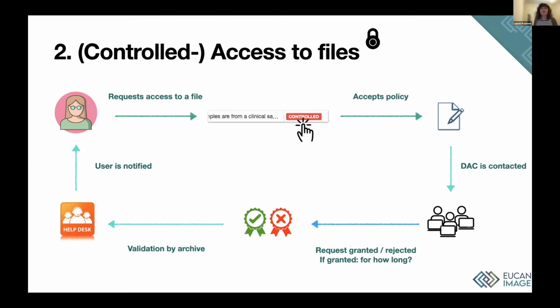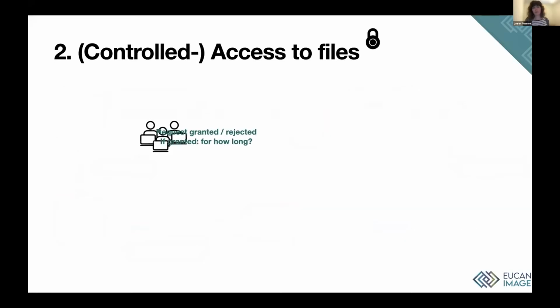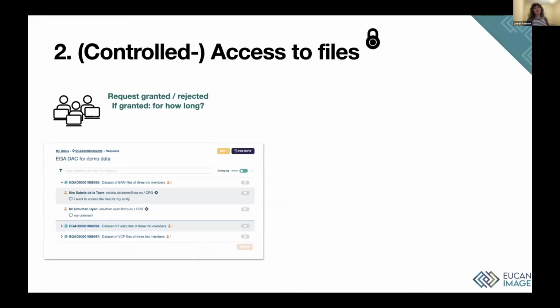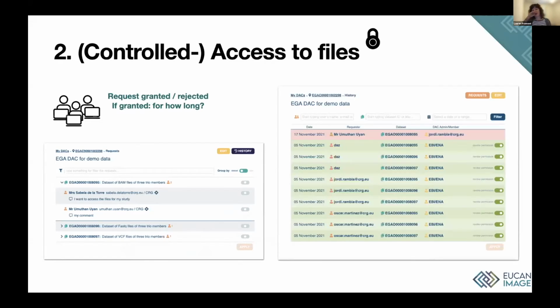What we started building was a DAC portal that we also plan to adapt for EuCanImage needs, where a data access committee, so the data controller, would have access to all the requests with the comments that the requesters left, and would also have access to a history where they can at any time revoke access to specific data.